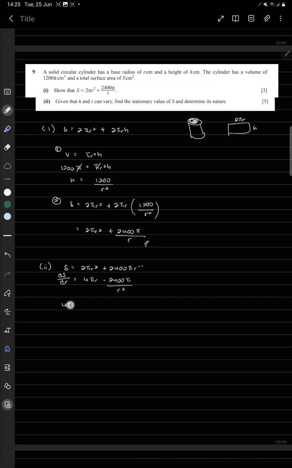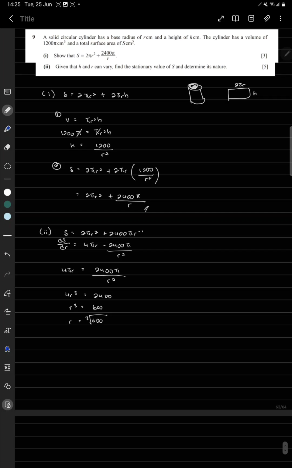So we'll have 4 pi r. I'm going to skip some steps here. After I set ds over dr to zero, I'm going to move this expression to the other side. So we have positive 2400 pi over r square. Next we'll have 4r cubed is equal to 2400, then r cubed is equal to 600, then r is equal to the cube root of 600.